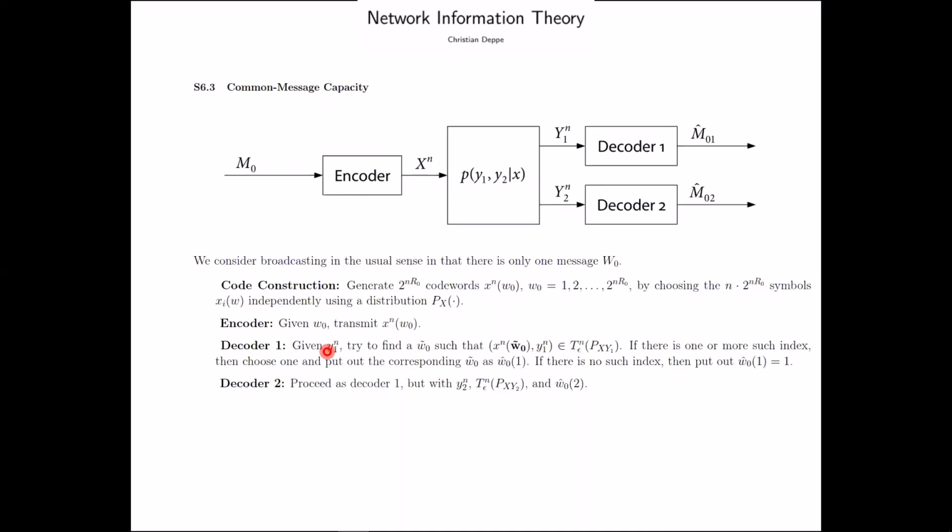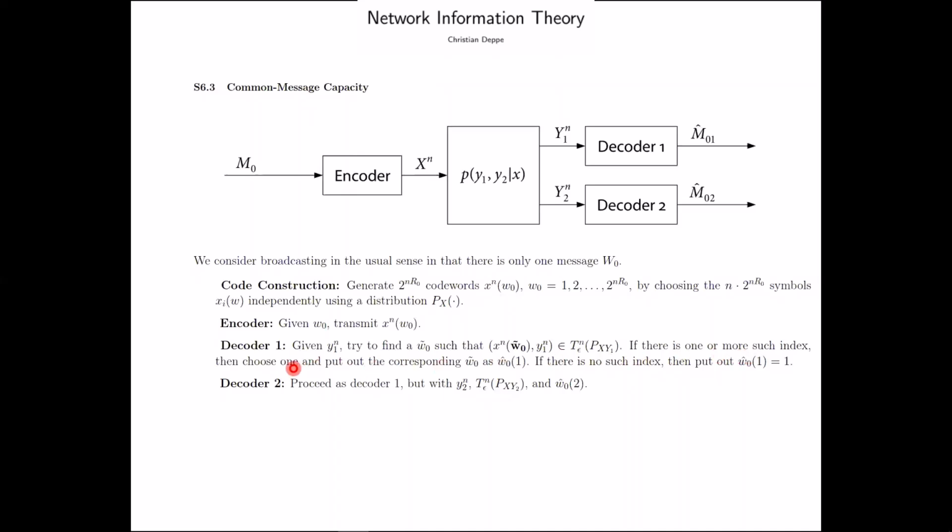So decoder 1 receives now y1^n, and he tries to find a W0 tilde such that x^n of W0 tilde and y1^n is jointly typical with respect to x and y1. And again, we have to do this in the following way, that we have a function, and if there's more than one such index, we have to choose one.